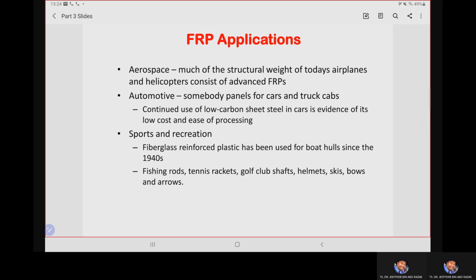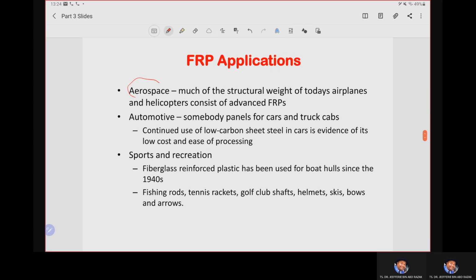For aerospace application here, much of the structural part of today's airplanes and helicopters basically consists of advanced fiber reinforced polymers.